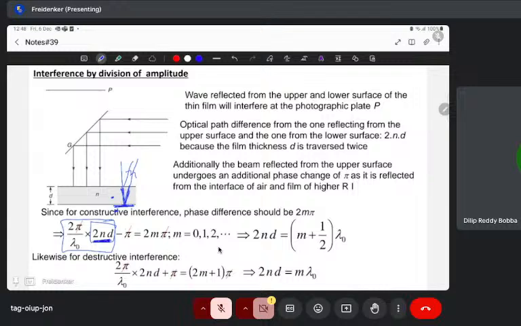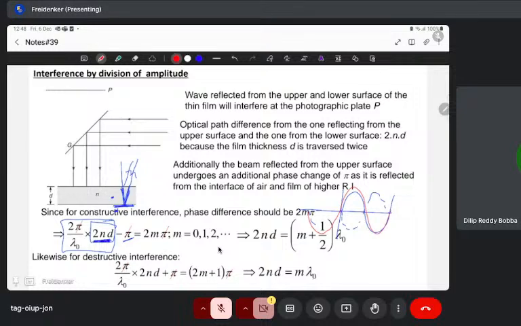It's like the light gets flipped, and if you get flipped, the phase difference will be pi. For example, if I have a sine wave, if I flip this, it will look like this, right? But it is nothing but if you go back by pi angle, this is how it looks like.